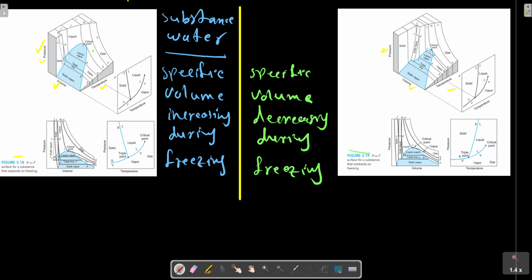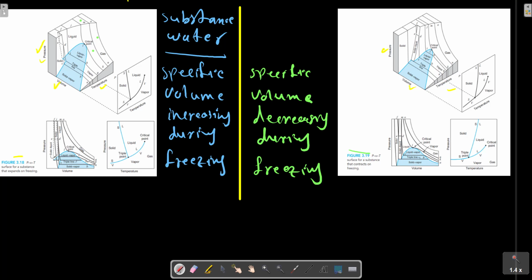For example, this point, this point, these all are points in equilibrium. Such a process always passes through equilibrium states.